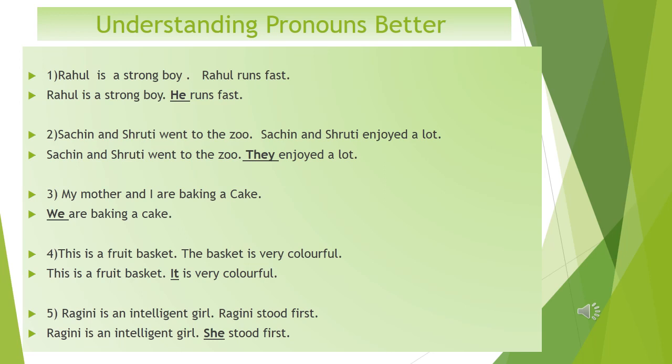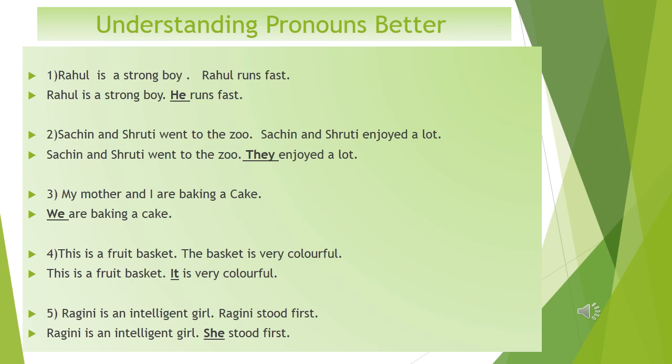In English you can replace my mother and I and instead use the pronoun we, because we use we for talking about me and somebody else who is along with me in my group. When I talk of more than one person along with me in my group.